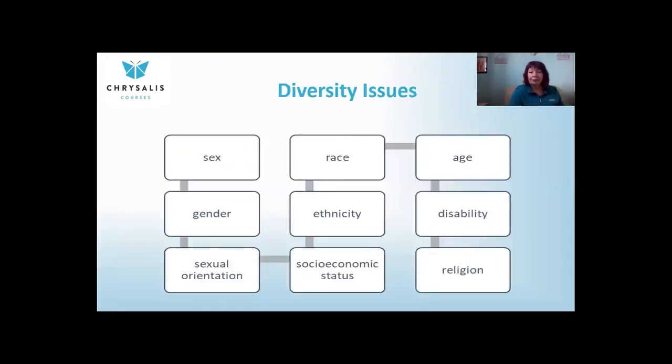When we're thinking about diversity issues, we're going to have clients that have all these differences: sex, race, age, disability, ethnicity, gender, sexual orientation, socio-economic status, and religion.